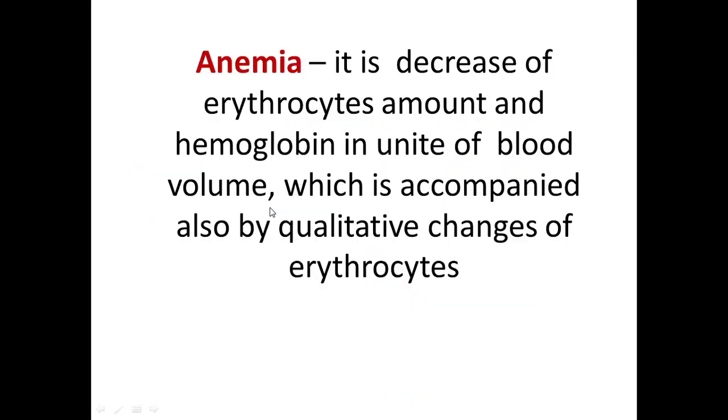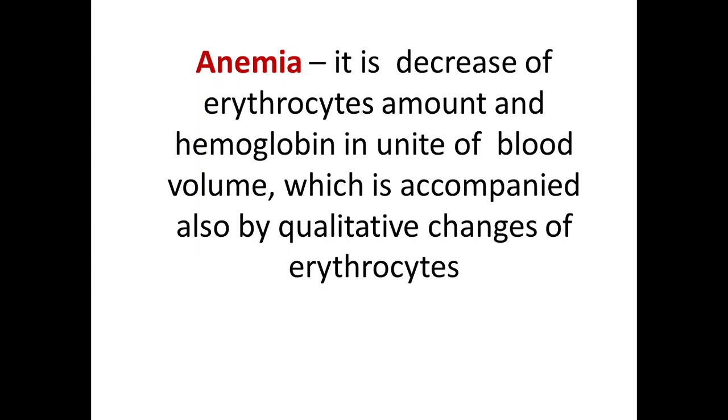And now we will talk about anemia. Anemia is the most common disorder affecting erythrocytes. Anemia is the decrease of erythrocyte amount and hemoglobin amount in a unit of blood volume, which is also accompanied by qualitative changes of erythrocytes.